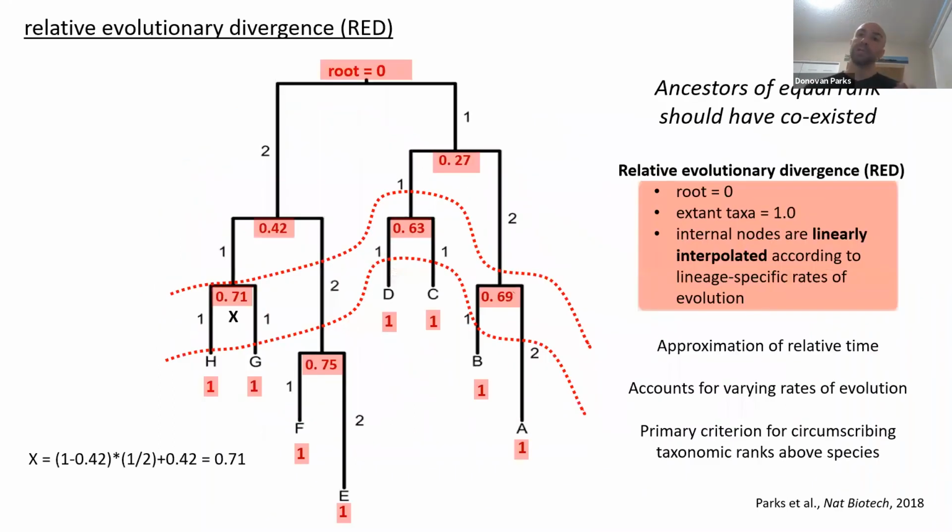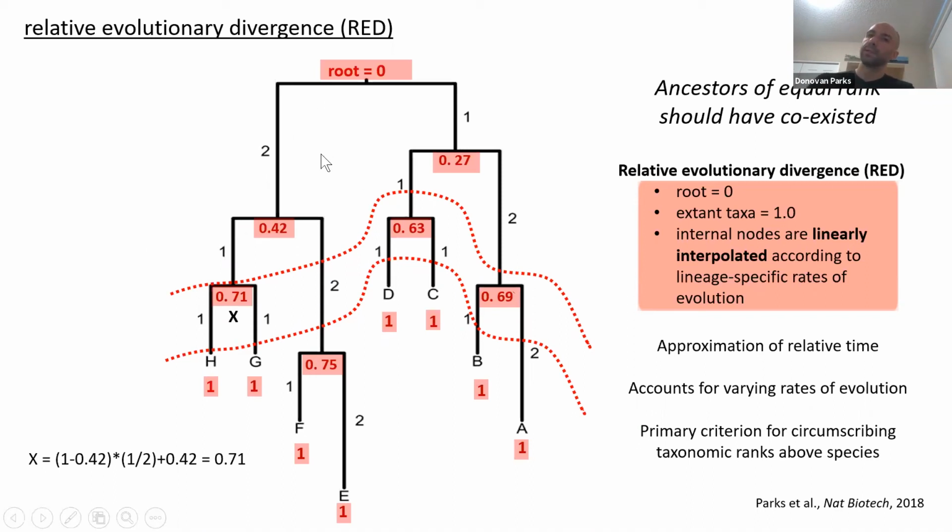So what we do is use an approximation to actual time of divergence, which we call relative evolutionary divergence. And that's what's illustrated here. This is pretty straightforward. We set the root at 0, so this is at time 0. Then we take all the extant taxa and set those to be at time 1.